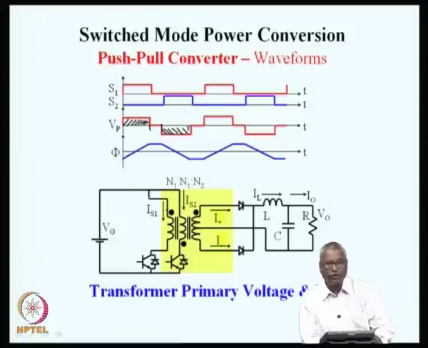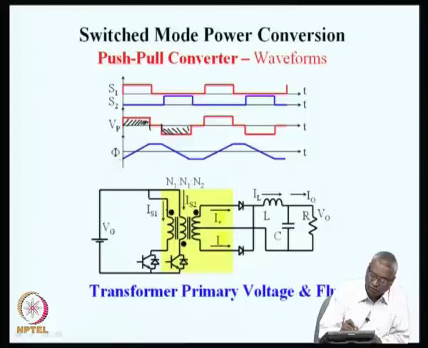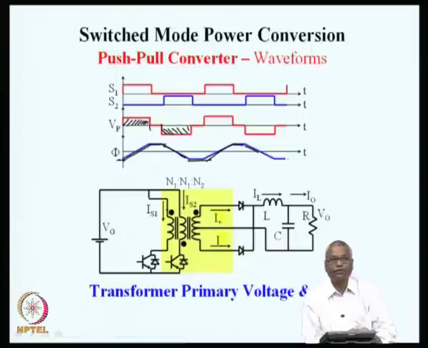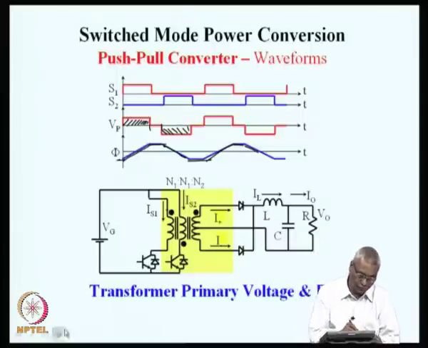So, you see that the voltage applied to the transformer is perfectly symmetrical, the positive half and the negative half are equal, and so the flux will be swinging both in the positive direction and in the negative direction equally, and so we will see that the core is utilized better in this.